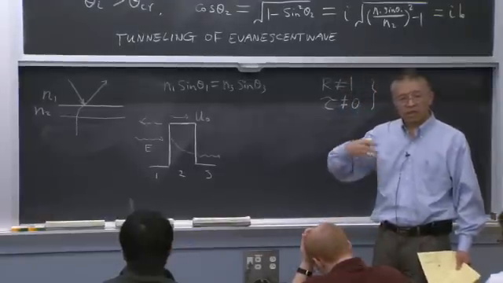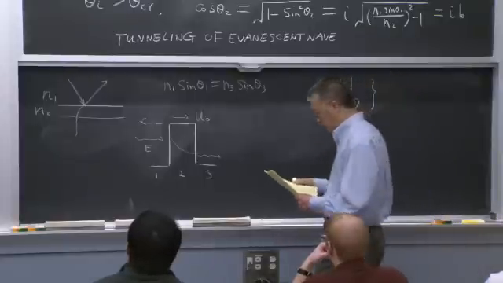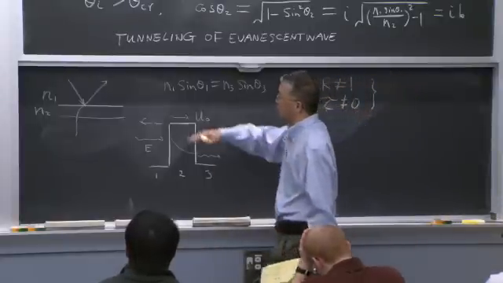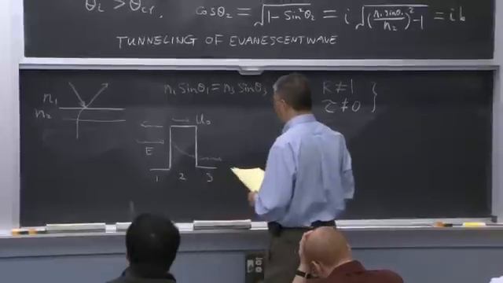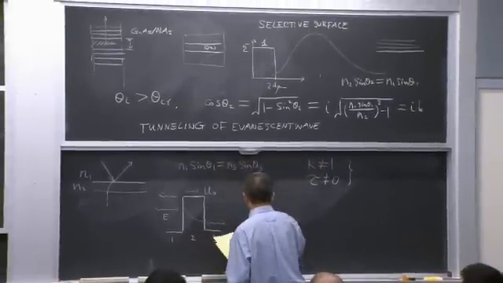So that's the tunneling of electron. And you could use, again, the same analysis, similar to what we did for the optical wave, and this is a scalar wave, so it's easier.